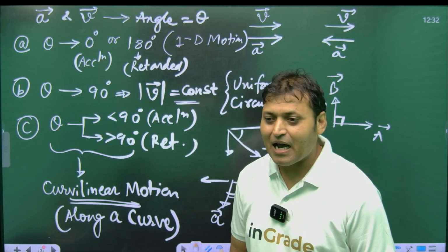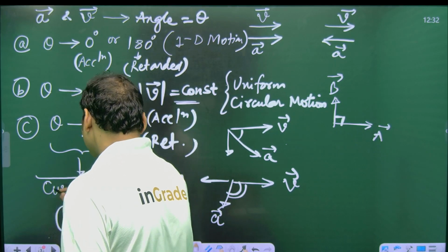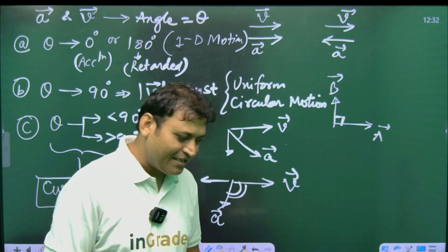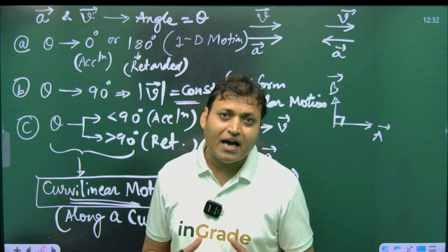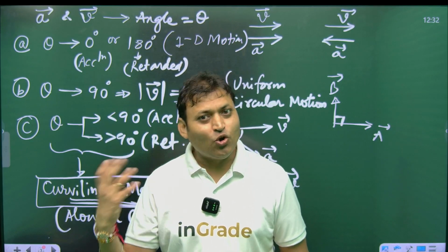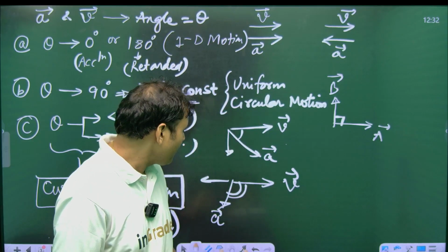Now there is another approach to analyze the curvilinear motion. As we have already discussed, when there are two vectors which are perpendicular to each other, there is no effect of one vector on the other. Right?